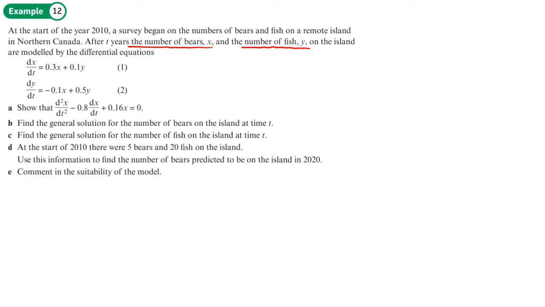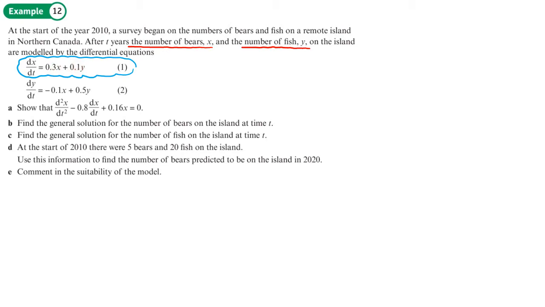And you can see that these are interconnected with one another because this equation contains x and y. So this is telling us that the change in the number of bears over time is actually linked to the number of bears and the number of fish.